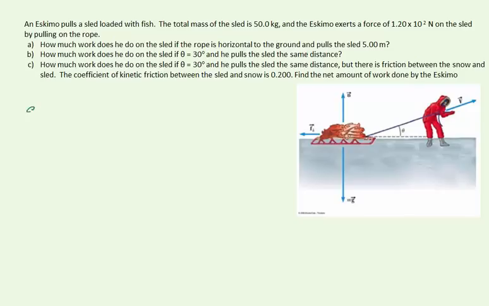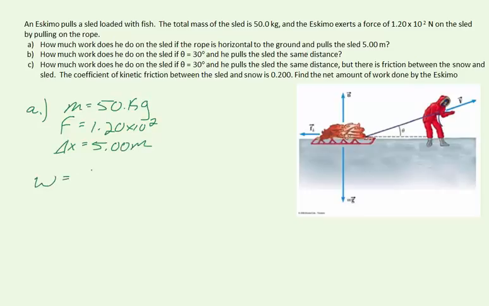So in part A, if we summarize the information we're given: a mass of 50 kilograms, a force of 1.2 times 10 to the second, and a total displacement of 5 meters. We see that our work equation is force times our change in displacement.